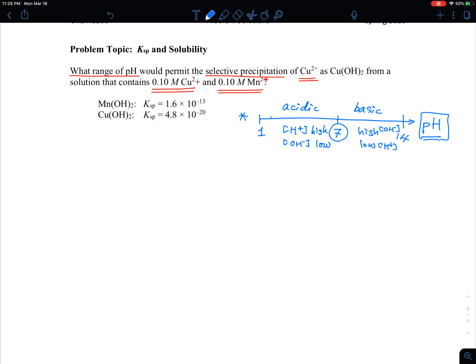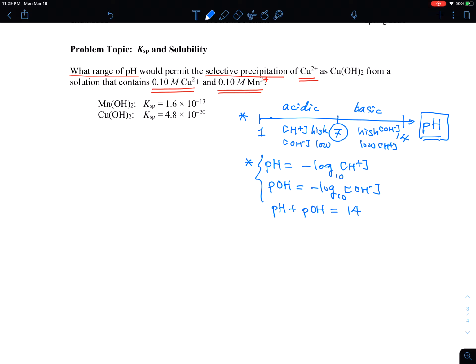There is also another relationship: pH is minus log 10 of the H+ concentration, and pOH is minus log 10 of the OH- concentration. At room temperature, pH plus pOH is 14. That's the nature of water, and this is the basic concept.